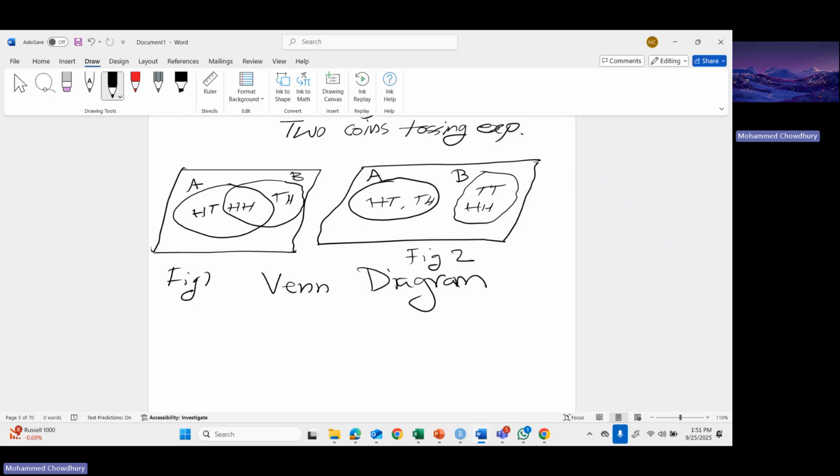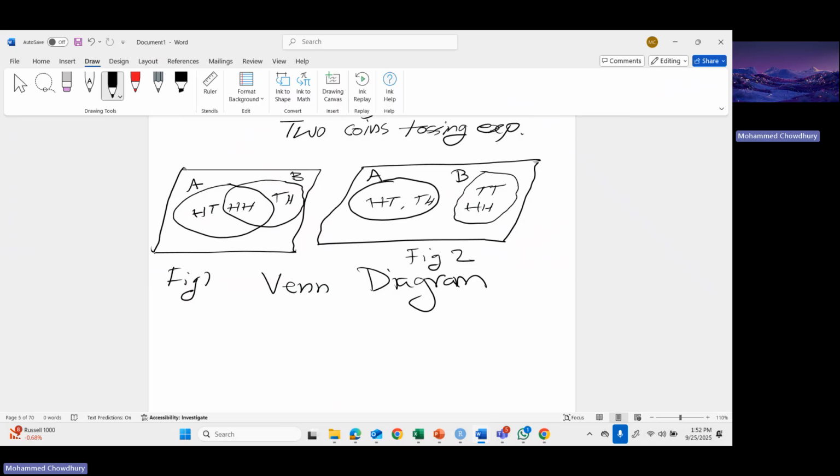Or in figure 1, you can say event A stands for first coin is a head, and event B is where the second coin is a head. So are the two events in figure 1 independent or not? You said yes.